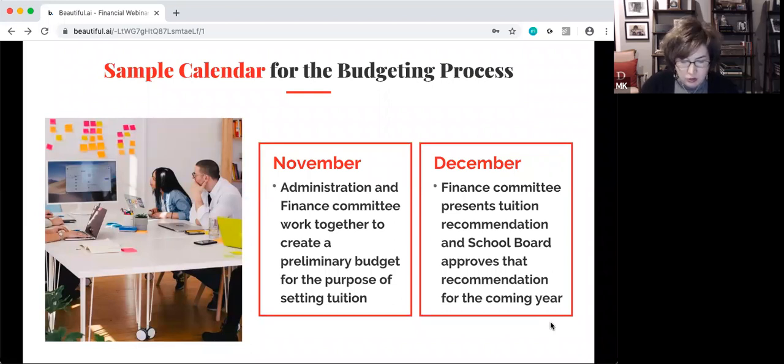So you put the budget together in November, working with the finance committee, and then in December, the finance committee presents a tuition recommendation to the board, and the board approves the recommendation for tuition for the coming year.